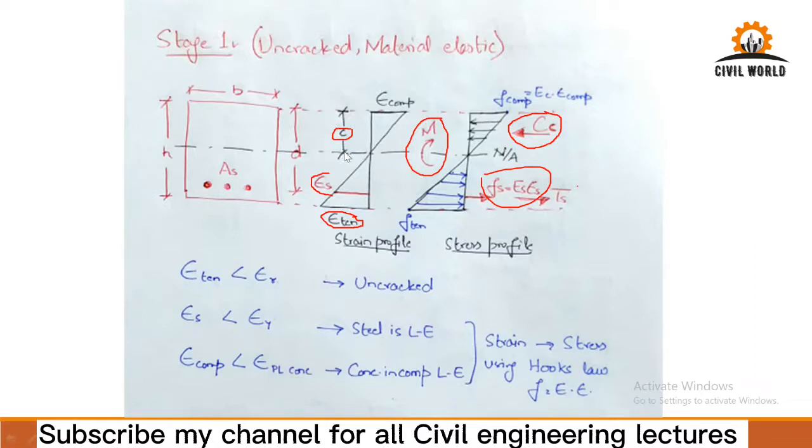Once your C is located, it means you have the distance of the neutral axis from the top fiber. Now you know the location of the extreme point from the neutral axis, and where your steel lies, so what is the distance of steel from your neutral axis.